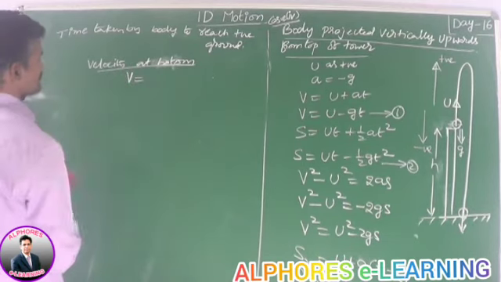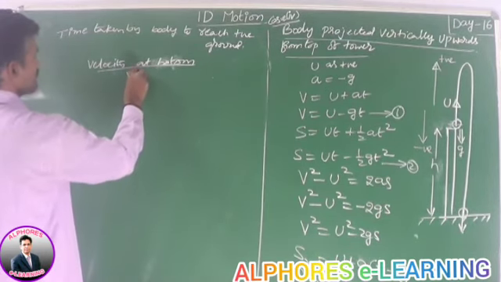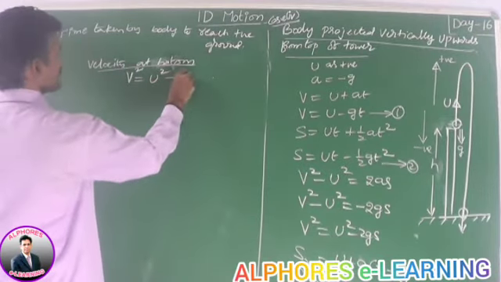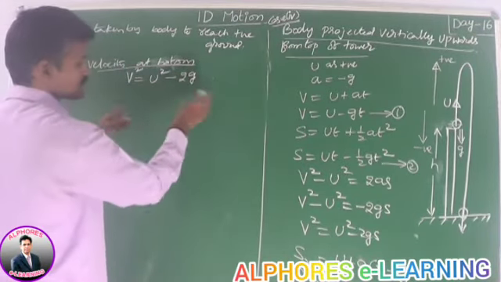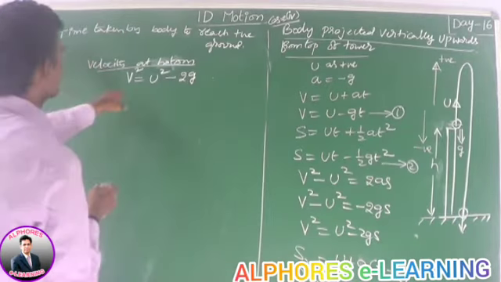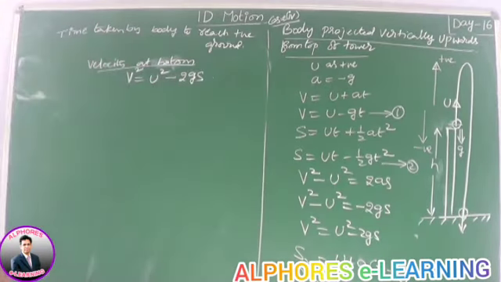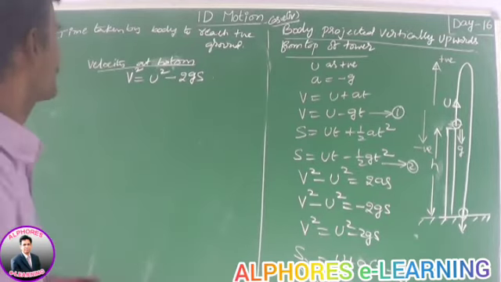This v is given by v square minus u square is equal to minus 2gs. That can be written as v square is equal to u square minus 2gs.